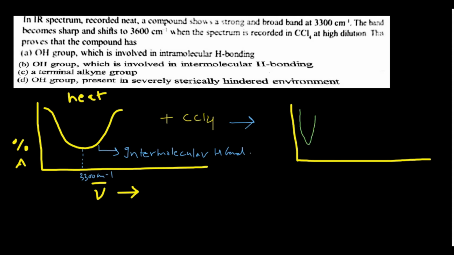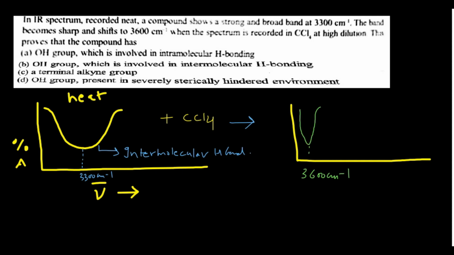It will become sharper and it will concentrate somewhere around 3600 centimeter inverse. Because when we add the non-polar solvent to it, the extent of the intermolecular hydrogen bonding actually decreases. When the hydrogen bonding decreases, this broad band actually contracts and becomes very sharp, right? However, it is still strong, but it becomes very, very sharp.